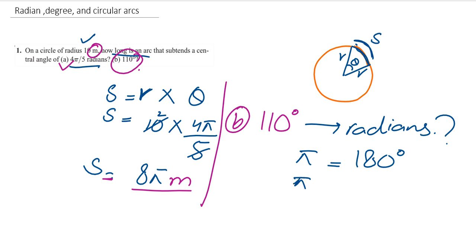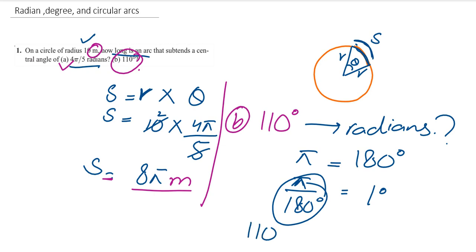So whenever we need to convert any degrees into radians, we'll just multiply by this value. 1 degree is equal to pi over 180 radians. So 110 equals 110 degrees times pi over 180 degrees. That's equal to 55 pi over 90.